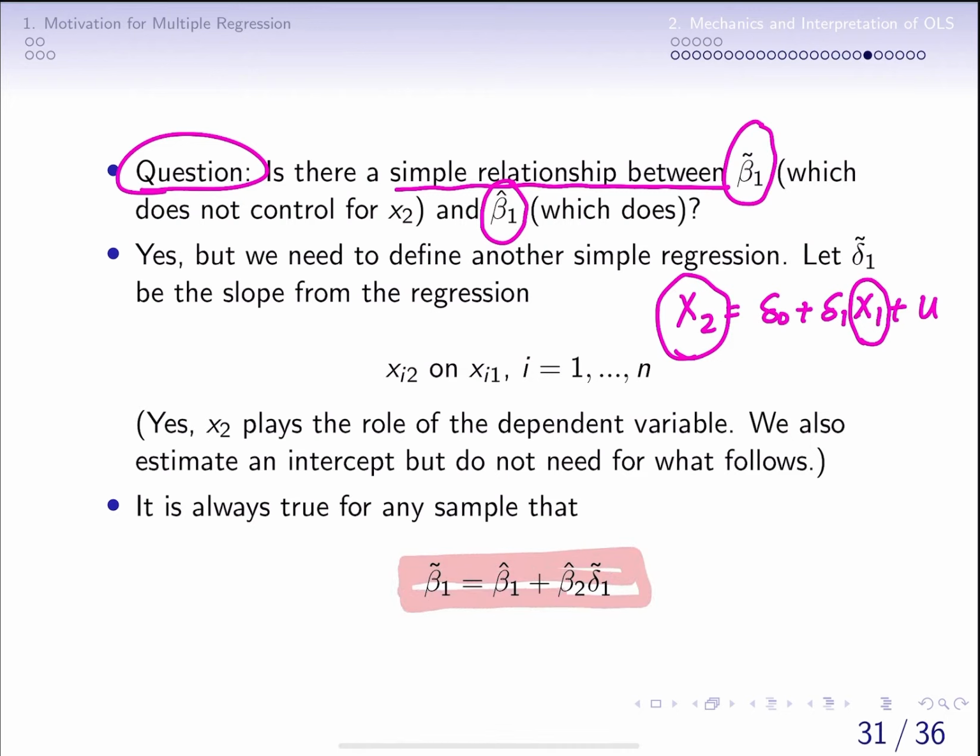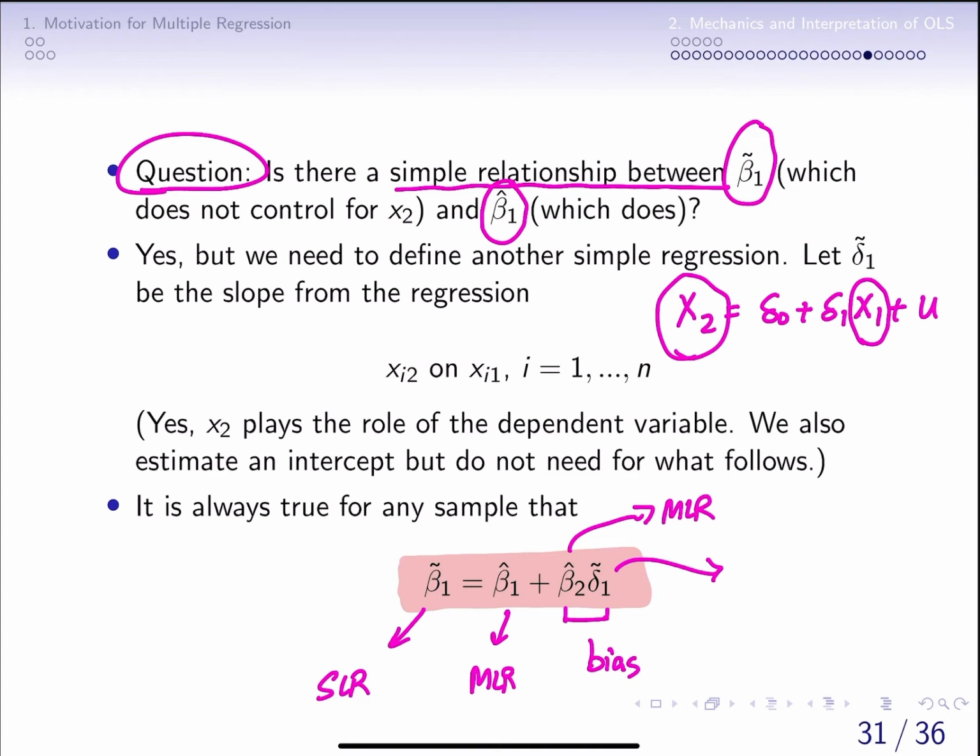So here we're basically saying that the slope coefficient from our simple linear regression case equals the slope coefficient from the multiple linear regression case plus some sort of a bias, right? And this bias is the product of beta 2 hat, which is coming from the multiple linear regression, and this regression of x2 on x1.